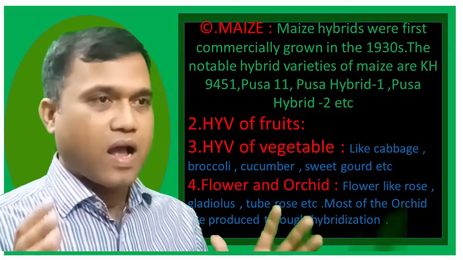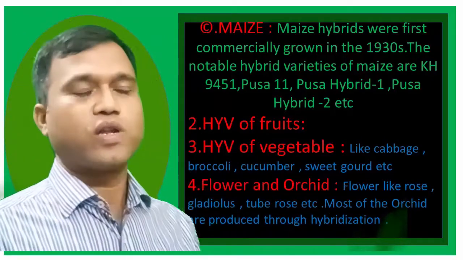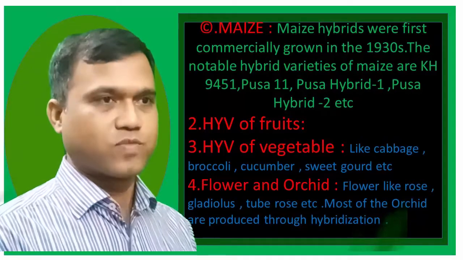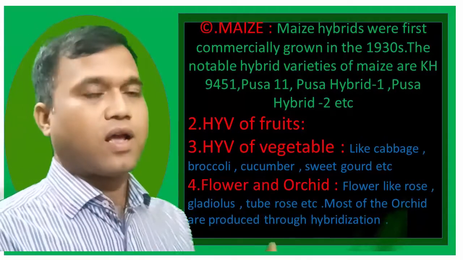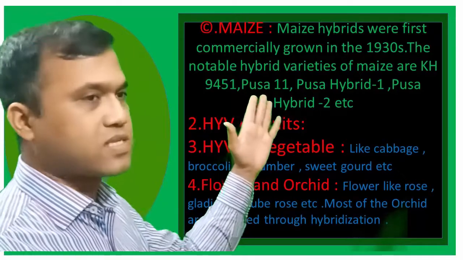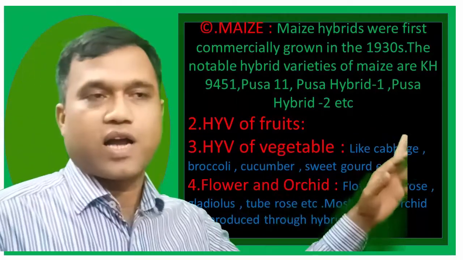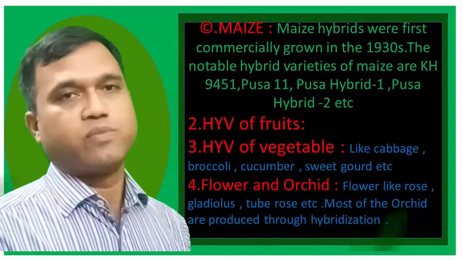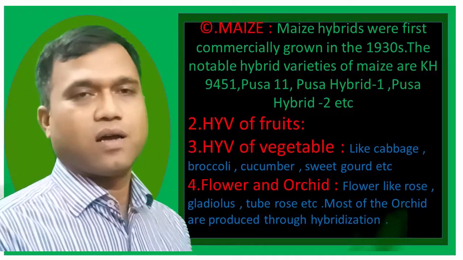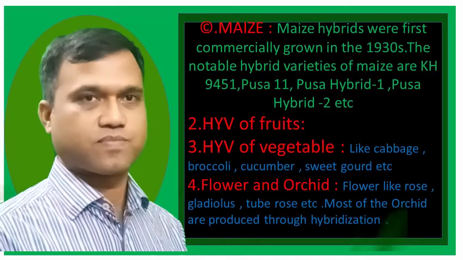Maize hybrids were first commercially grown in the 1930s. The notable hybrid varieties of maize are KS 9451, Pusa 11, Pusa Hybrid 1 and Pusa Hybrid 2.